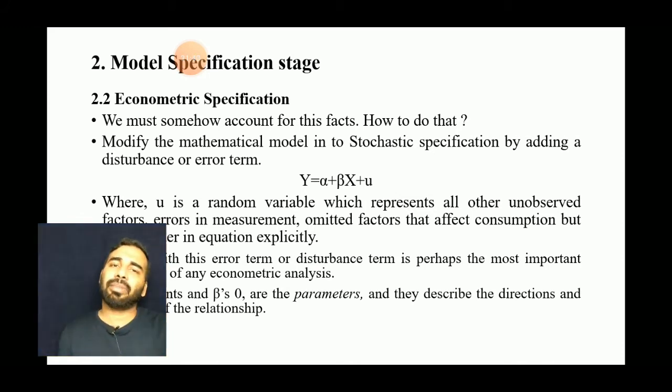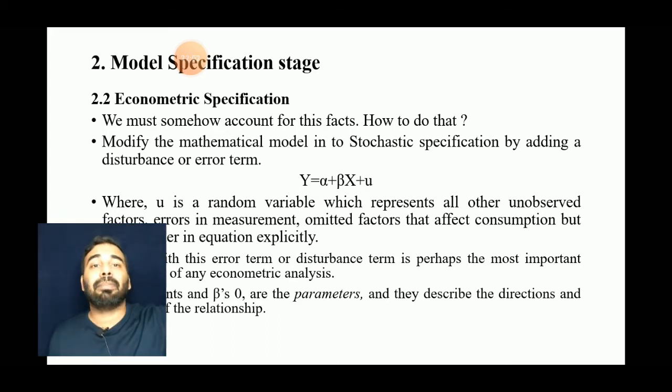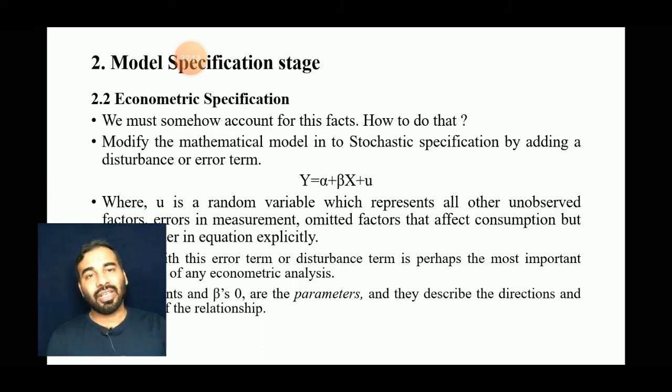You can put any Greek or Latin letter you want. It is purely a letter to denote a parameter. Alpha is a parameter, what we call the intercept. Beta is another parameter that is called the slope parameter. Clear? Yes. So this is the econometric specification.